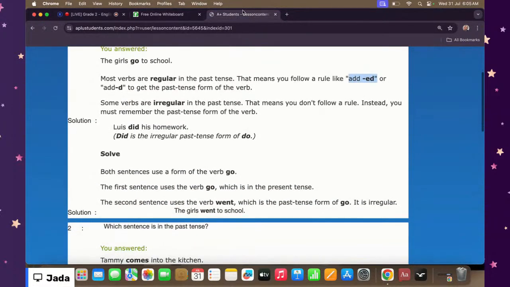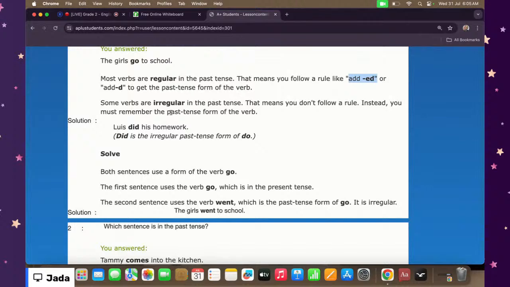While for the irregular past, they do not follow a particular rule. Okay, they have no rule for the irregular past, and you have to be the one to remember it. Okay, so you have to remember the past tense form of the irregular past because they do not follow the normal rule like the regular past that says to add ed.